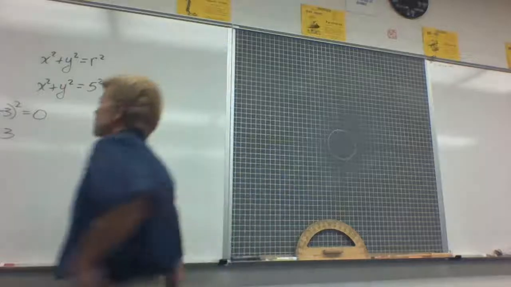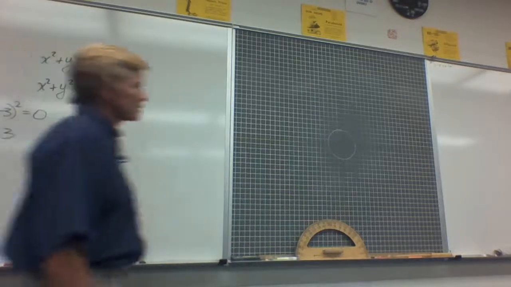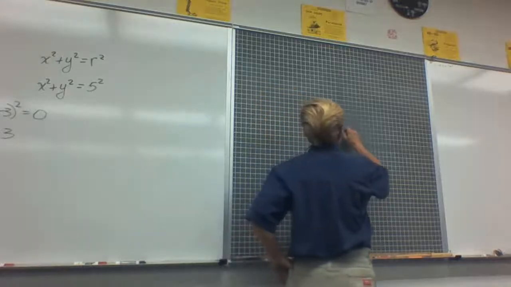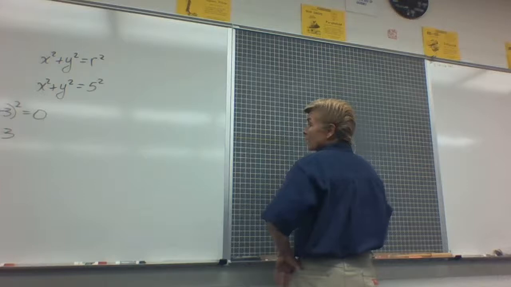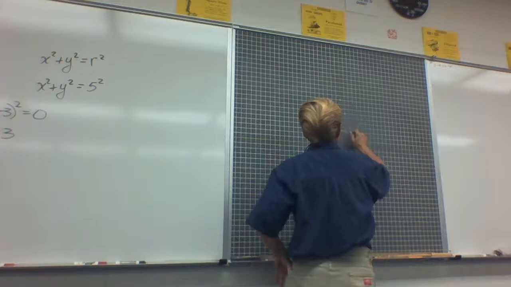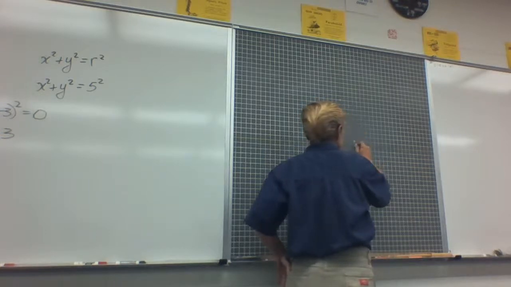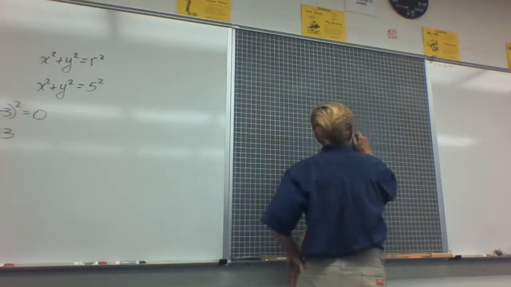Then we're going to graph this line. This line is in the form y equals mx plus b. So we start at 10. That's 3, 4, 5, 6, 7, 8, 9, 10. It starts here. And then we drop 3, run 1, drop 3, run 1, drop 3, run 1. Draw that line.